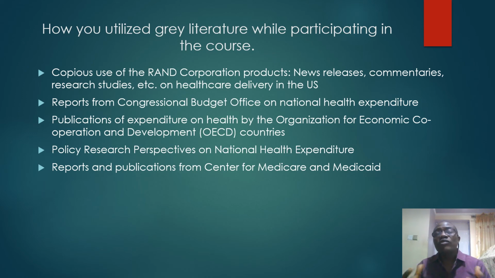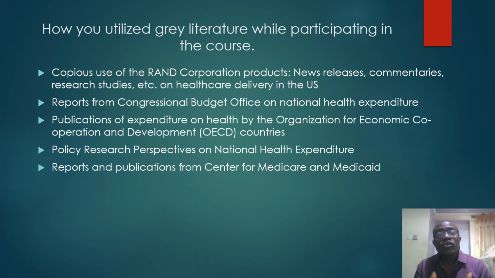And how have we been able to make use of grey literature during this course? We have made copious use of RAND, research and development cooperation. We have relied on news releases from the organization, commentaries, research studies on healthcare delivery in the US. Then we have also made use of reports from the Congressional Budget Office on national health expenditures.